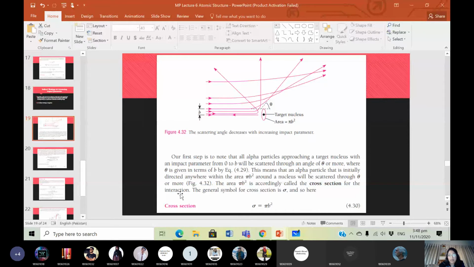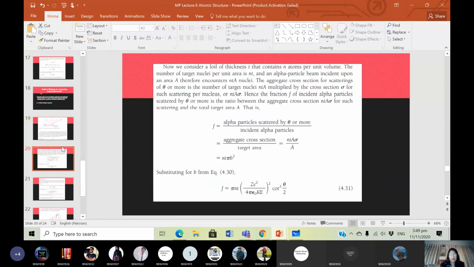For example, if here we have B, the impact parameter, and we draw a circle of radius B around that nucleus, then pi B squared will be the cross-section for the interaction. What do we mean by cross-section? It's basically the area over which the interaction is taking place. Make sense? We give a symbol to the cross-section, which is sigma, so sigma equals pi b squared. Okay, so that is done up to here.